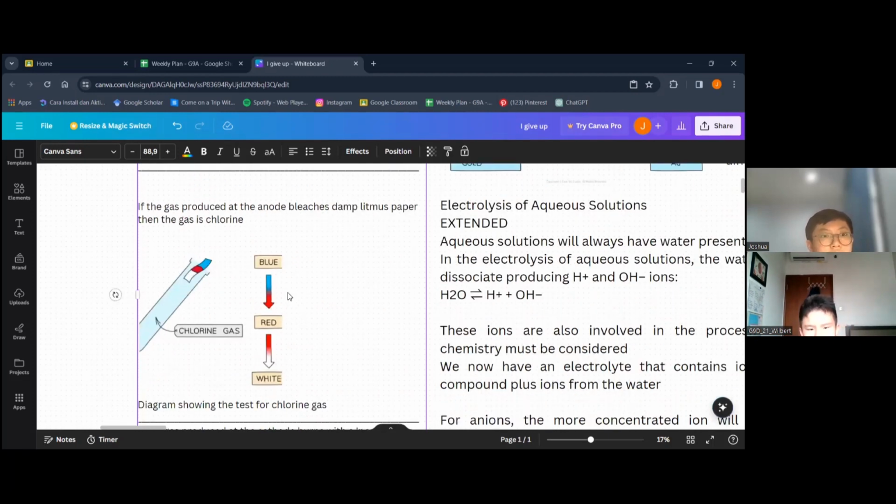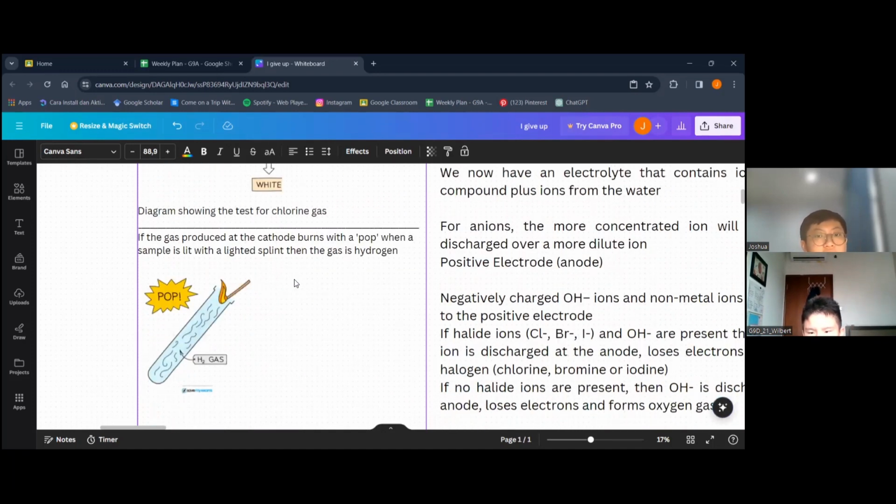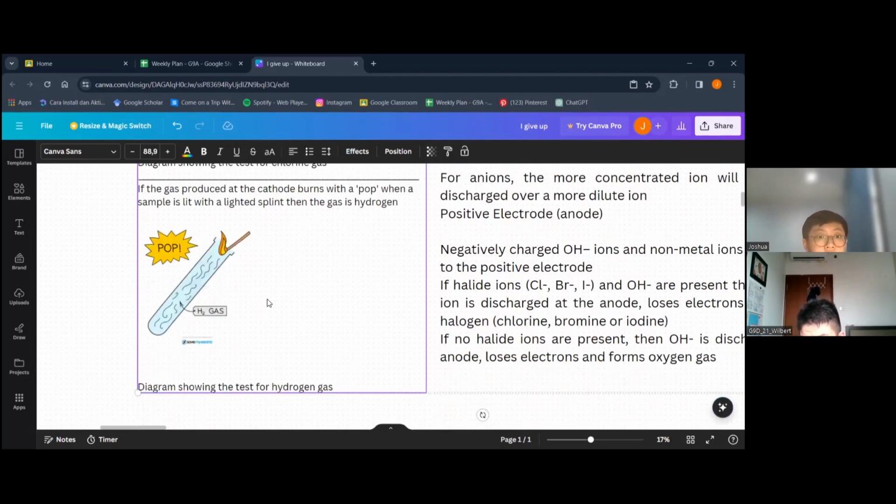Litmus paper is used to test for certain substances. If the litmus paper turns white, then you know it's chlorine. And for hydrogen, it's produced at the cathode. If the gas produced at the cathode burns with a pop when lit with a lighted splint, the gas is hydrogen.